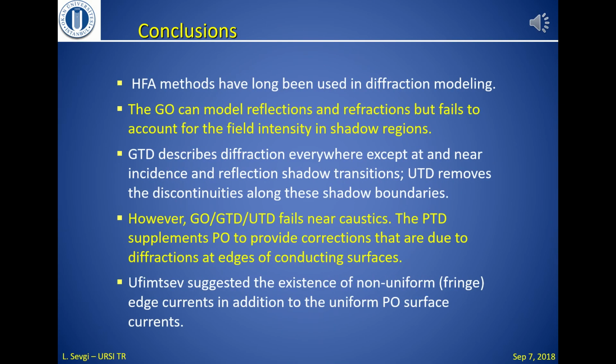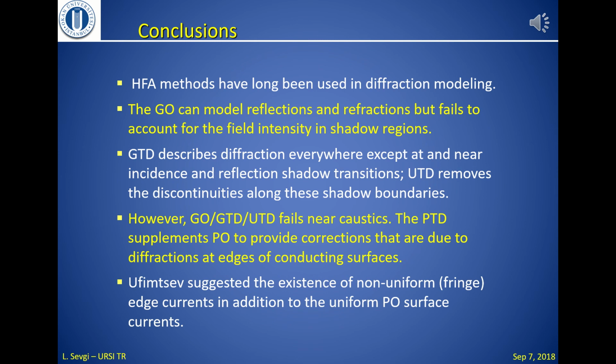High-frequency asymptotics have long been used in diffraction modeling. The geometric optics can model reflections, but fails to account for the field intensity in shadow regions. The GTD describes diffraction everywhere except at and near the incidence and reflection shadow transitions. The UTD removes this discontinuity along these shadow boundaries.